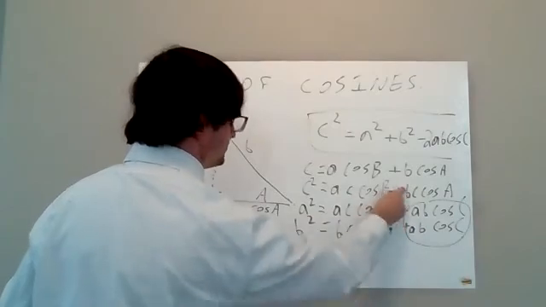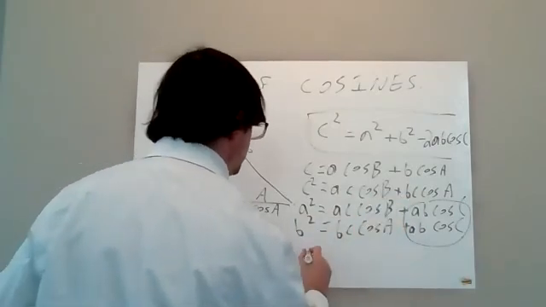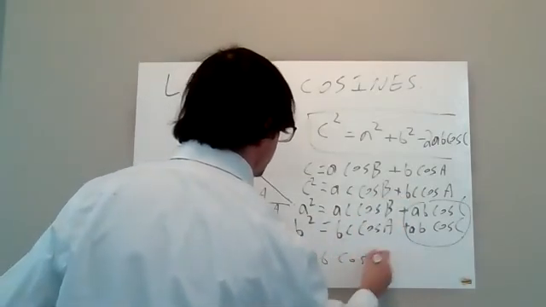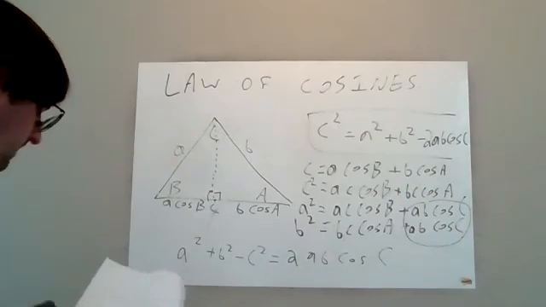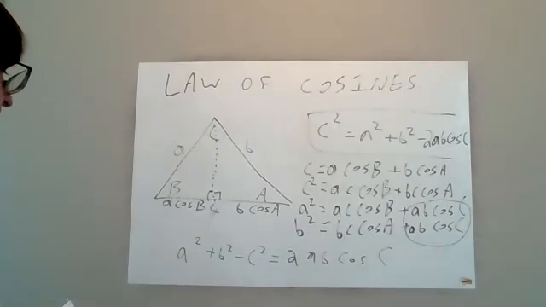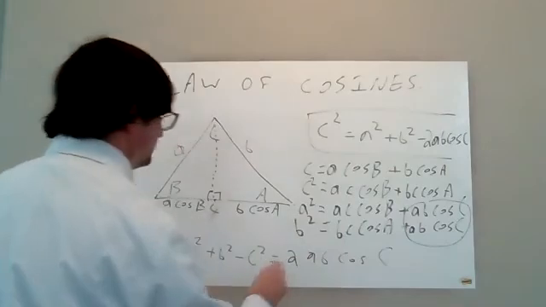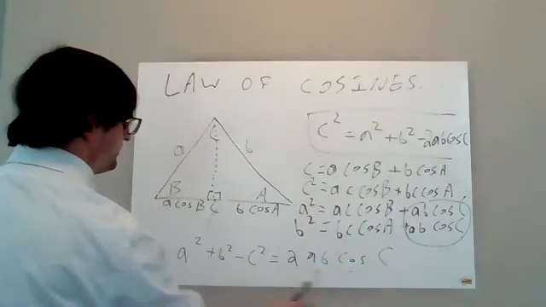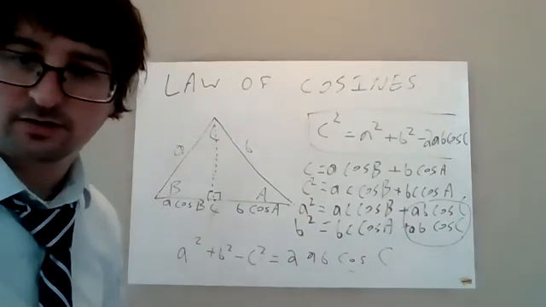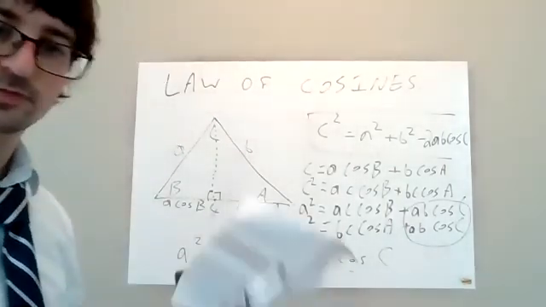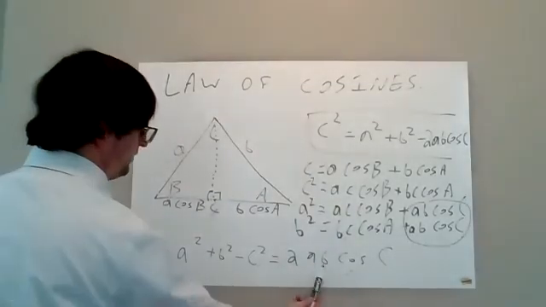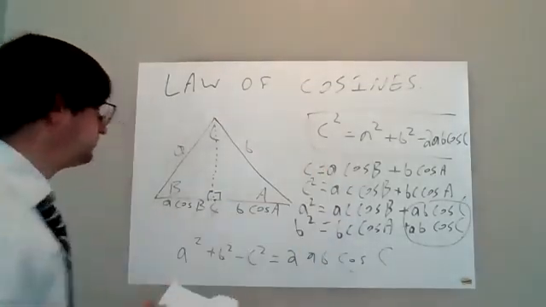And this term will get canceled from there. So this is 2ab cosine C. And now to get that, we bring the c squared to that side, and we bring that term over to that side. And then we're done. Bring that over and that over, and that's exactly the proof.